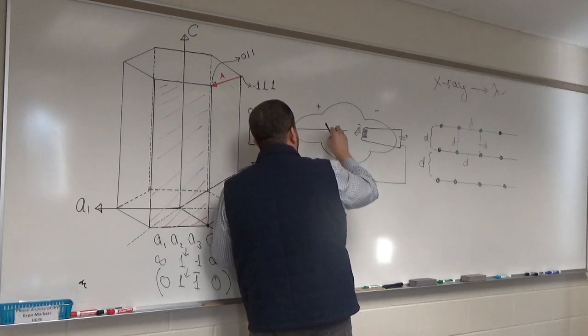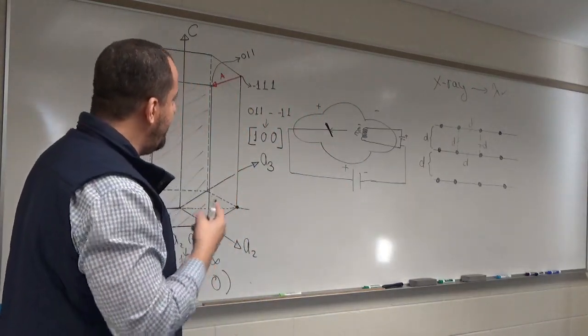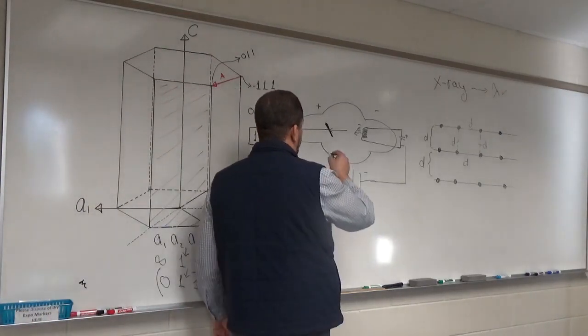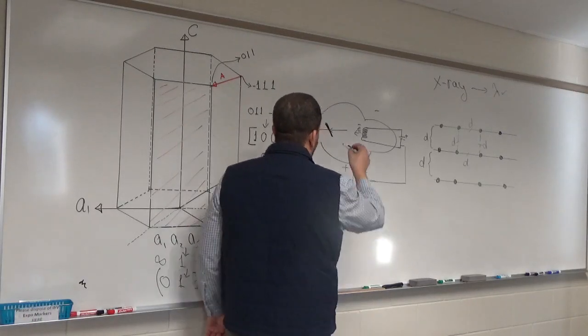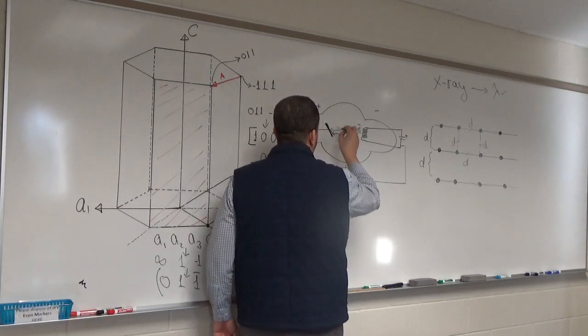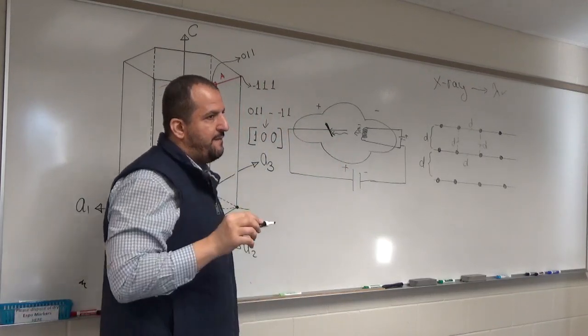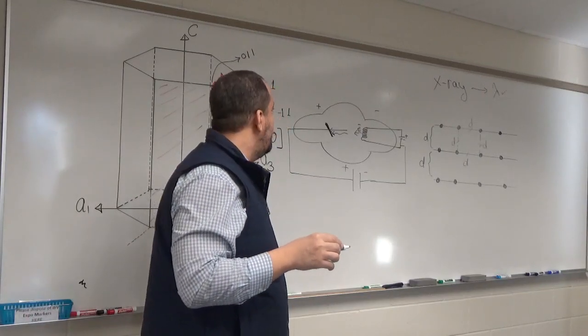There are specific metals that can be used in an X-ray device. I believe one of them is copper, so copper can be used. When the electrons hit this surface, we know another famous experiment, which is the photoelectric effect.